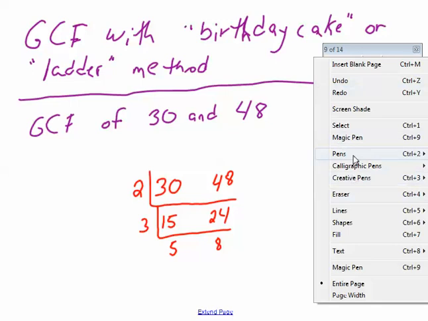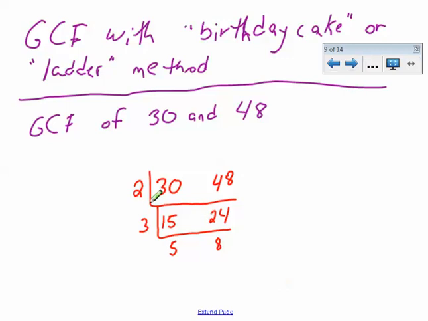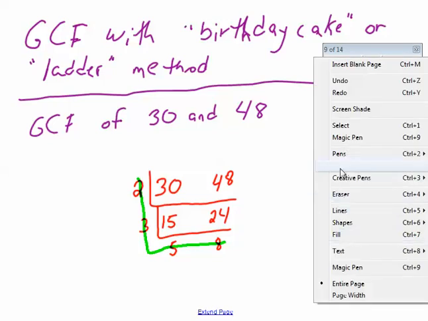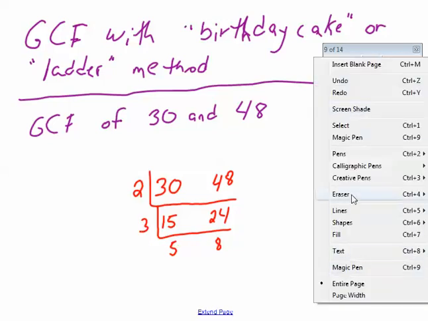Now, for LCM, when we did LCM, you took the 2 times the 3 times the 5 times the 8. Okay, hopefully you remember doing that. However, we're not doing LCM. We're doing GCF.